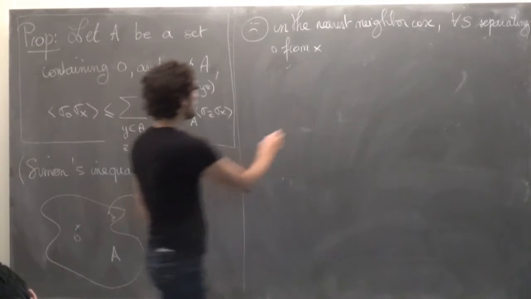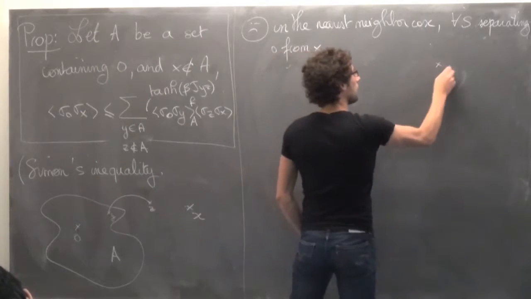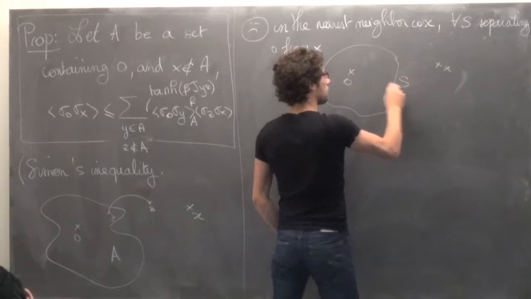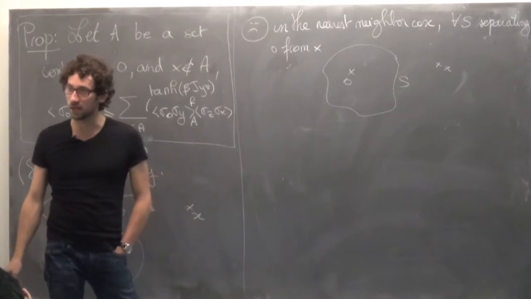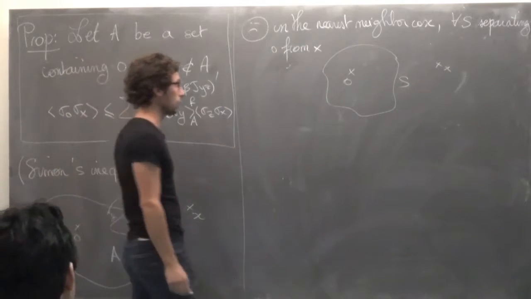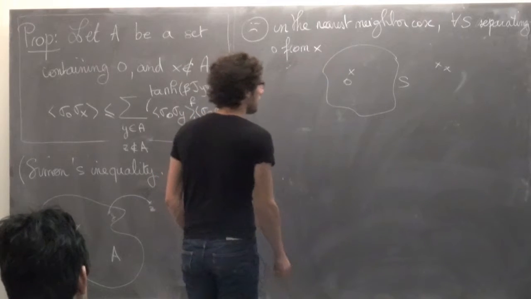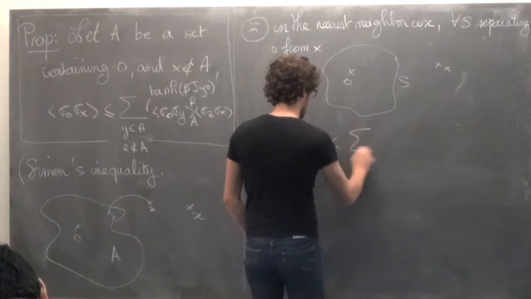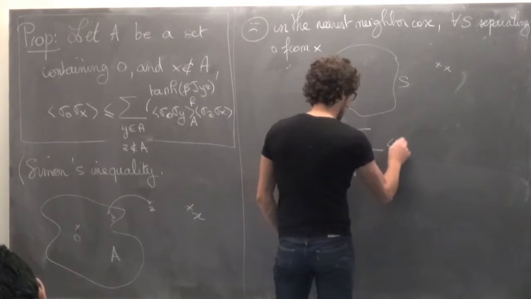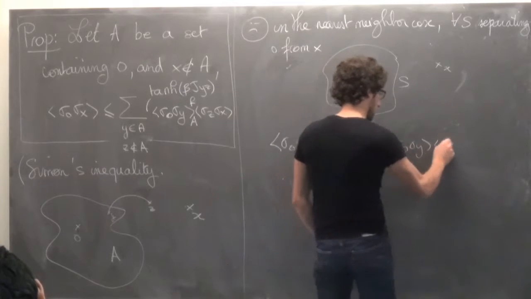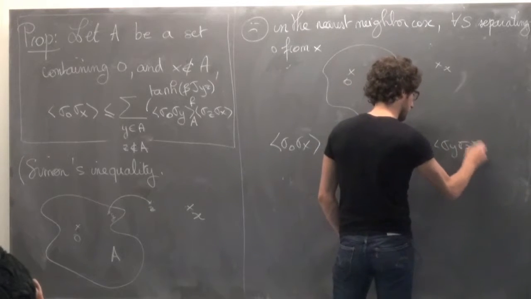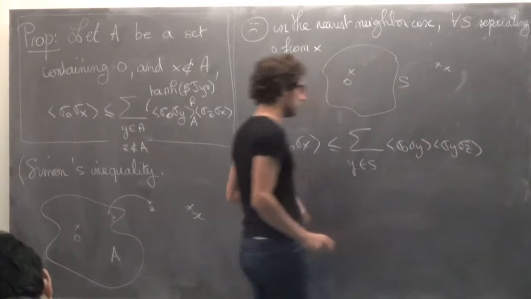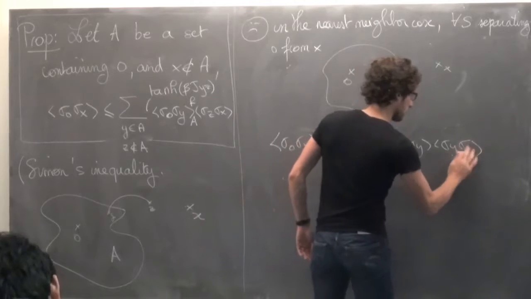You take 0, you take x, you take any set S which is separating 0 from x, in the sense that if you want to go from 0 to x, you have to go through a vertex in S. And then what you get is that sigma 0, sigma x is smaller or equal to the sum over y in S of sigma 0, sigma y, sigma y, sigma x.